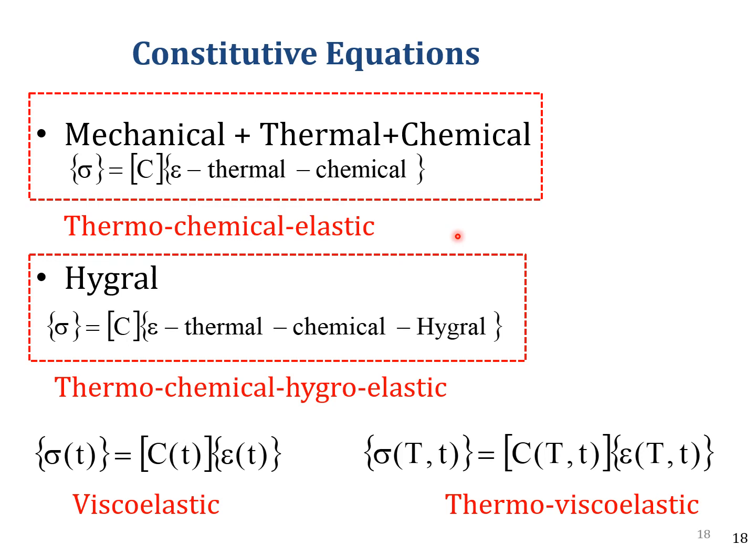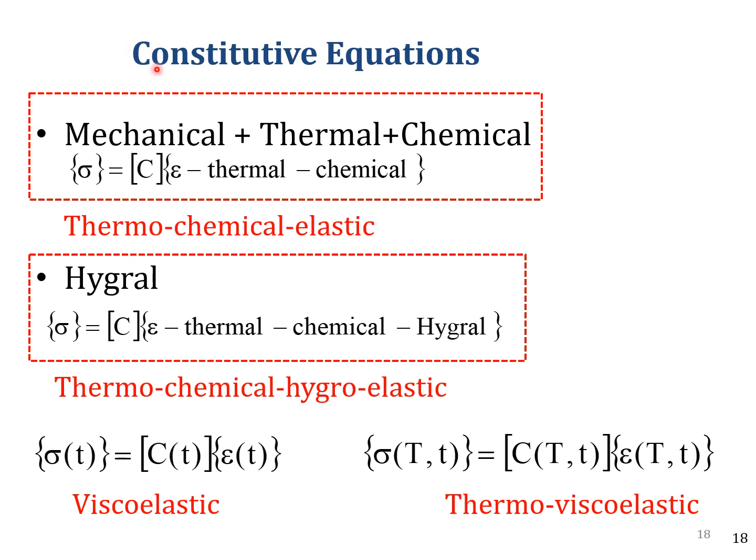Especially for polymers, if we are talking about a thermoset polymer which we are heating and at the same time cross linking is occurring, there will be an effect of thermal cooling, an effect of shrinkage, and then an effect of mechanical loading.